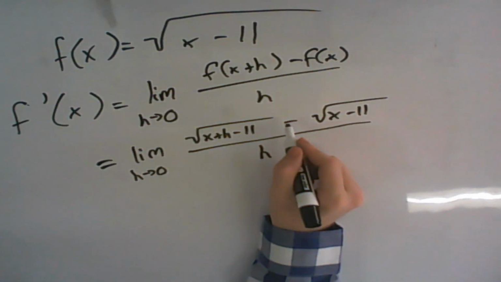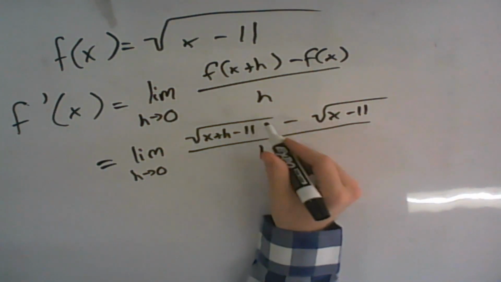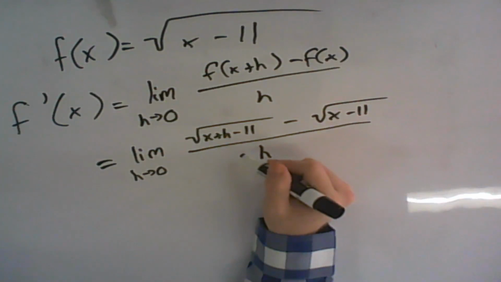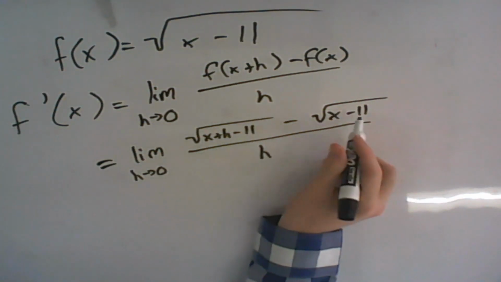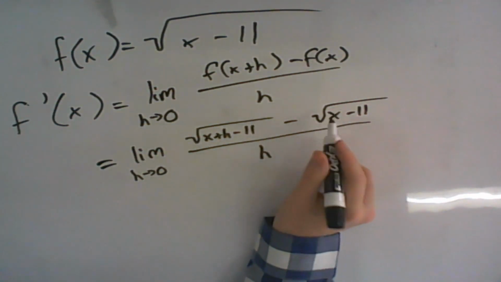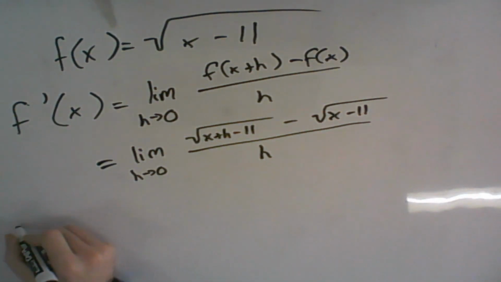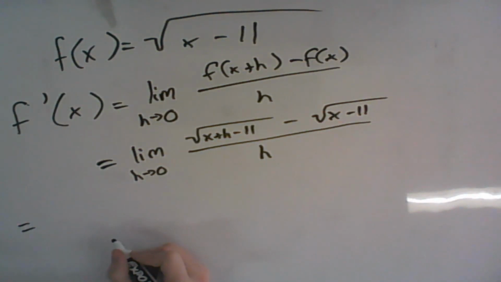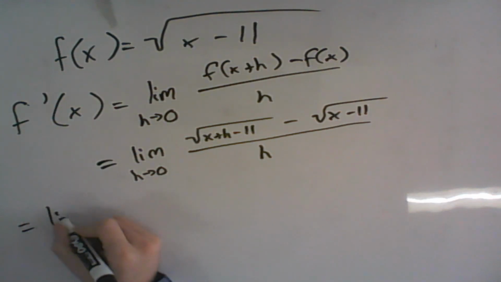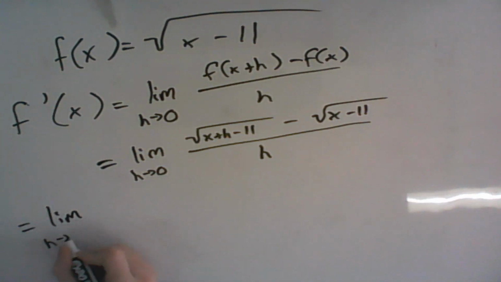Now, the problem is we can't do anything with this right here. Because it's 0 over 0 at the moment, we can rationalize the numerator by multiplying by the conjugate. I'm going to write this over here, because otherwise it's going to be way too long for this board.